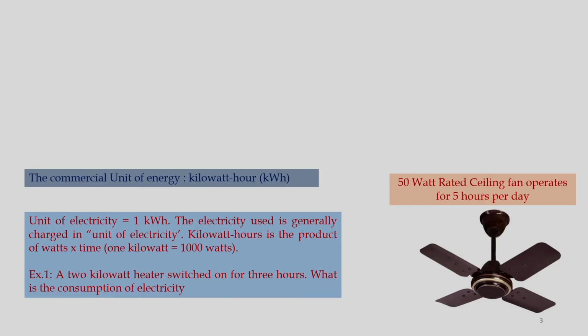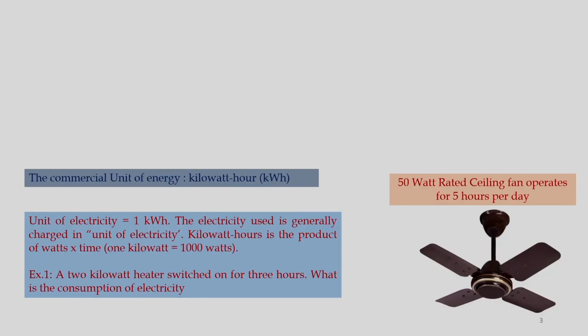That means 1 kilowatt is equal to 1000 watt, okay? And if we multiply with time, it becomes watt into time. That may be in hour, minute or second. Normally, if we have to define unit generation, then we need to multiply watt with hour.